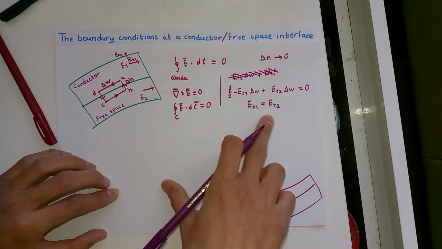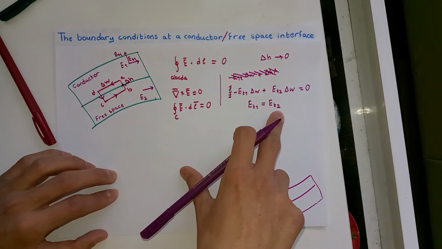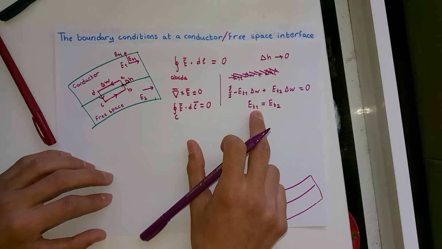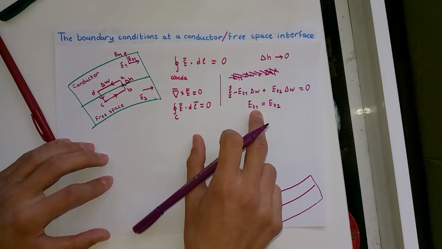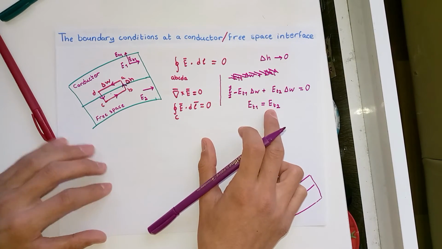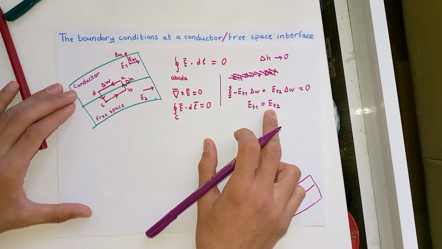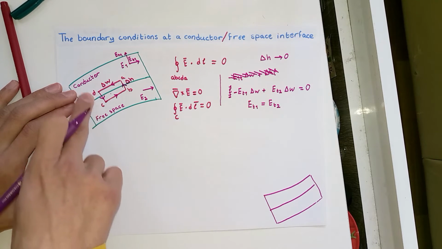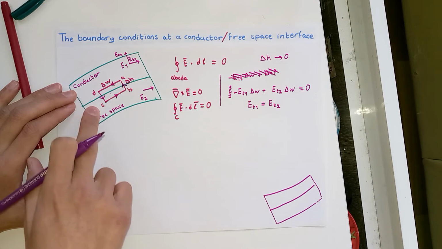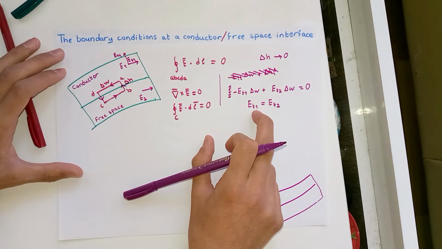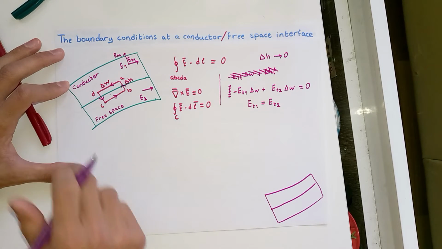Okay, and as we see from this equation, we can conclude that the tangential components of the electric field at the conductor-free space interface are continuous. What I mean by continuous is that there is no discontinuity when we move between these two interfaces, as E sub T1, which is the tangential component of the electric field inside the conductor, is equal to 0.